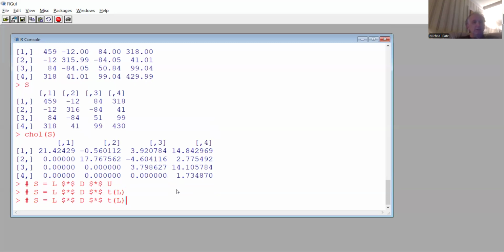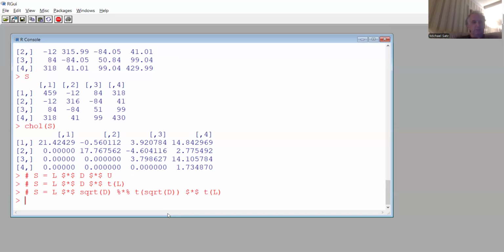Because it's positive definite, I could write D as square root D times square root D. And it doesn't matter if I take the transpose of this because it's a diagonal matrix. So that should be true too. These are just comments, so even if I wrote something incorrect, it would not show up. But this looks correct to me.